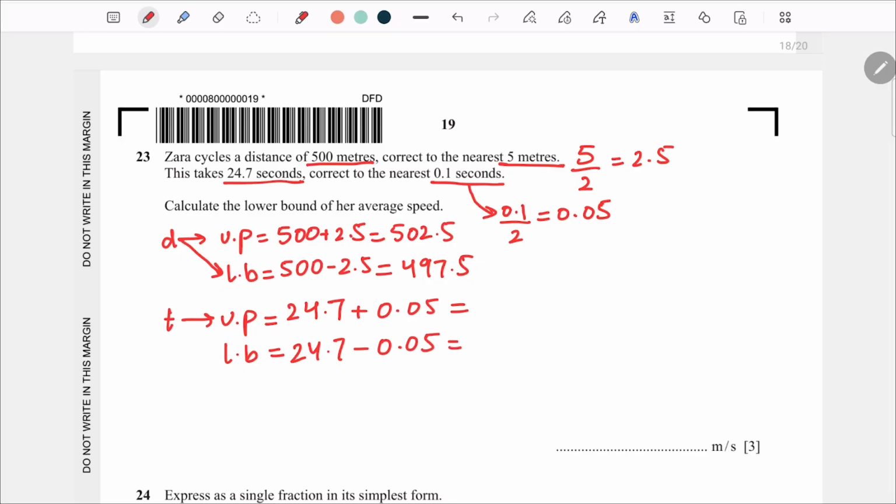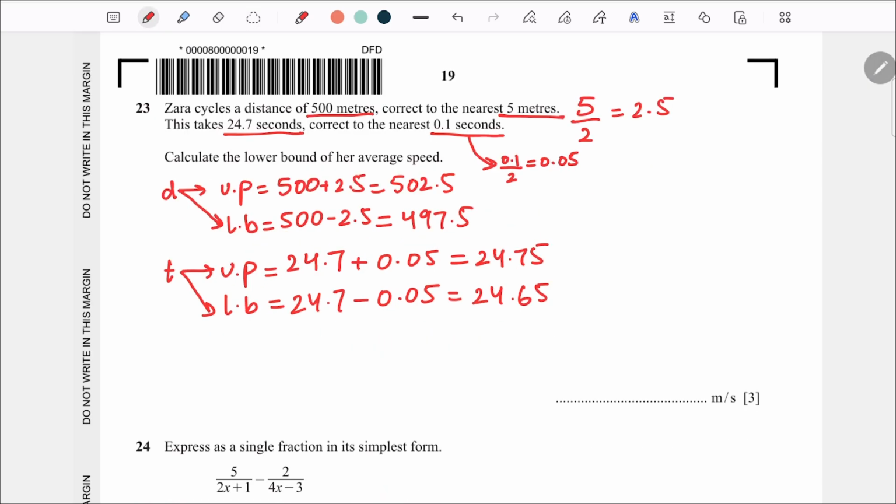It is basically a rule that the upper bound is found by adding the uncertainty and the lower bound is found by subtracting. So the upper bound will be 24.75 and the lower bound will be 24.65.